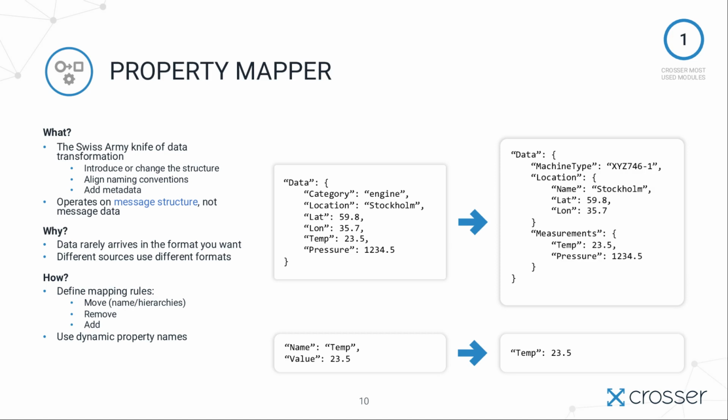So we introduced some basic structure into this message, and we also added a new property to specify which type of machine this data is coming from. So this is one pretty common example, pretty basic at this stage, but I guess you get the idea of what type of operations you can do here.